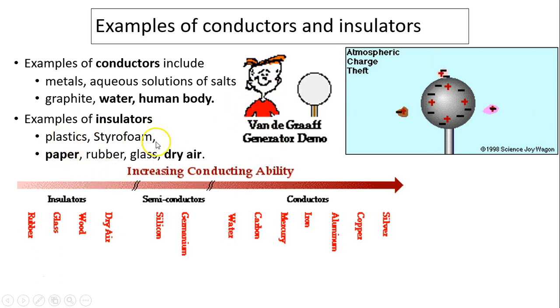On the other hand, insulators are plastics, styrofoam, rubber, right? That's why we put rubber around the copper wire to prevent people from being charged, glass or dry air. You probably have experience in the winter, you are more likely to accumulate charge on your body.